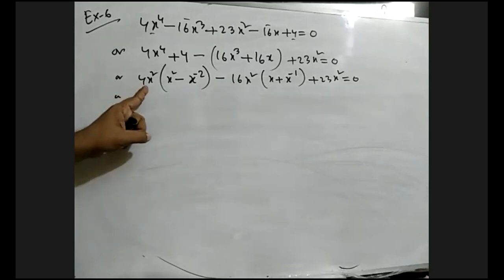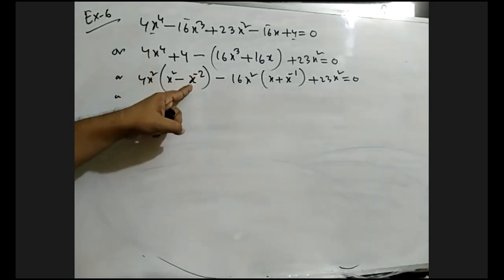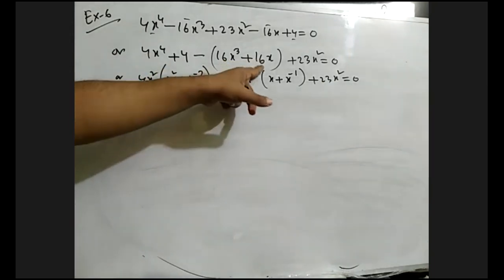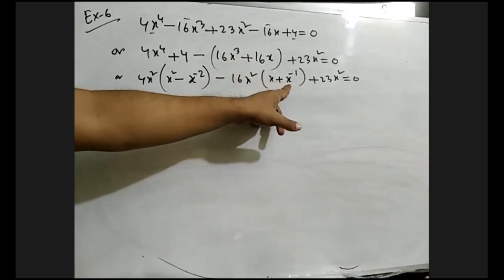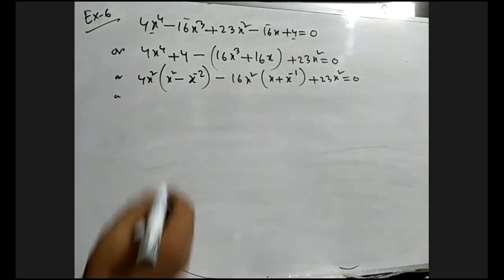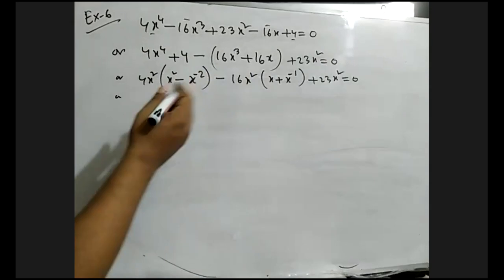That means if we multiply this with this, we get this one, and x square and x to the minus 2, what will be? x to the 0. That means only 4. From here also we can write x square multiply x, what? x cube, and x square multiply x to the minus 1, power will be minus 2 minus 1, that means only x. So we can take x square common from these three parts.